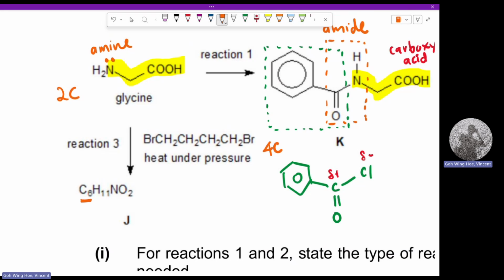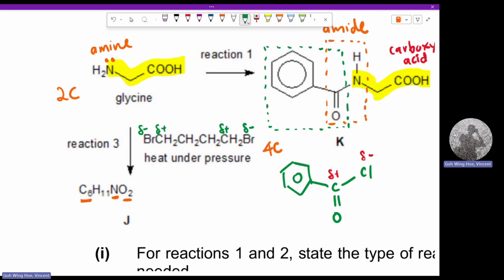Then we also see that there is a nitrogen atom and 2 O atoms present in J. If we look at the reactant provided, bromine is going to cause your C-Br bond to be polarized on the left side as well as on the right side of the molecule.